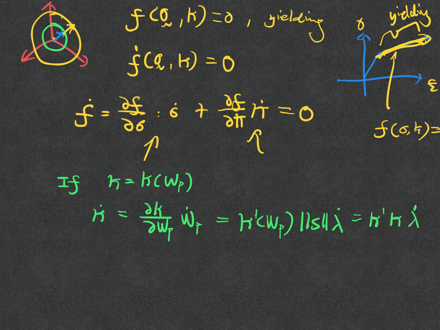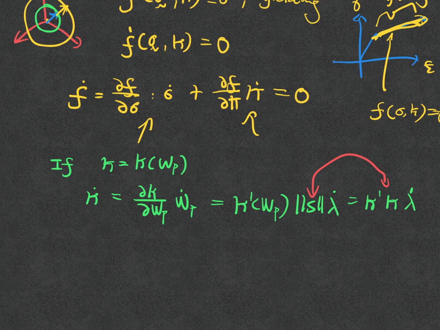Okay, do you see that? I'm just using J2 plasticity, where the magnitude of the deviatoric stress minus kappa equals 0. So these two variables are exchangeable, because they equal each other when the material yields.